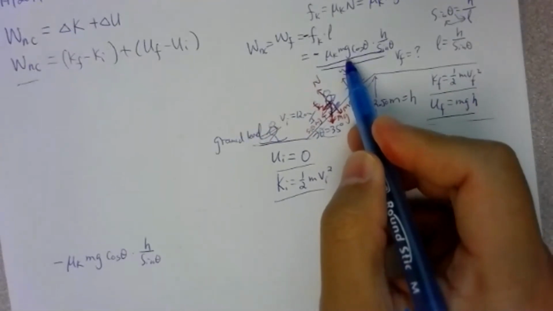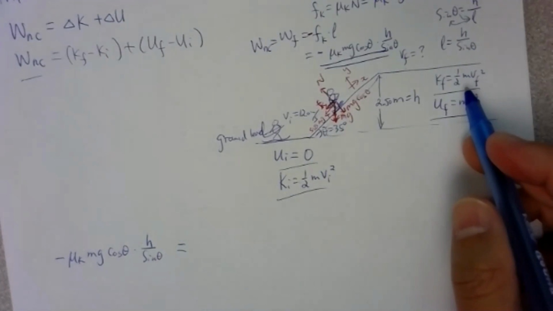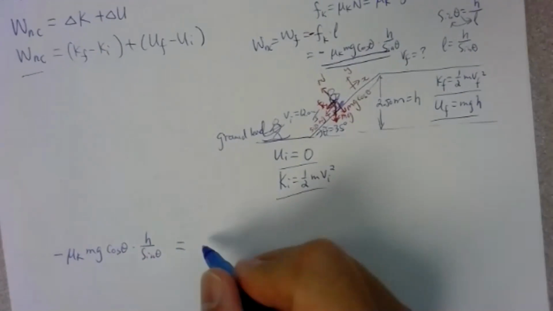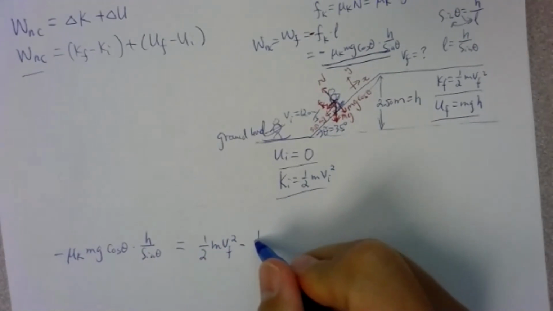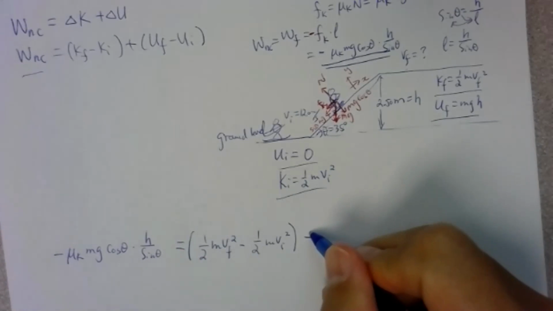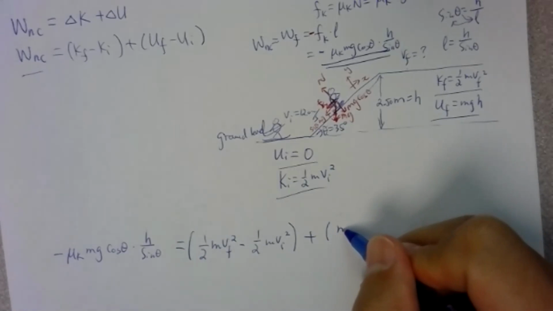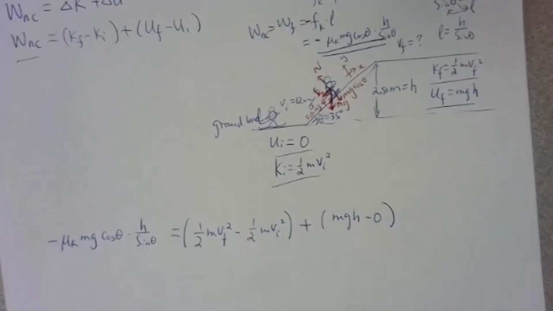Take that down here, then equals K final, 1/2 m v final squared, minus K initial, 1/2 m v i squared, plus U final, which is mgh, minus U initial, which is 0.